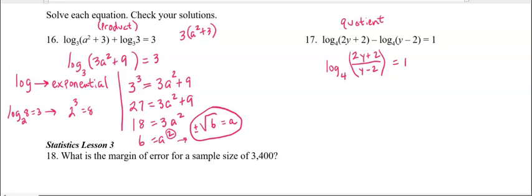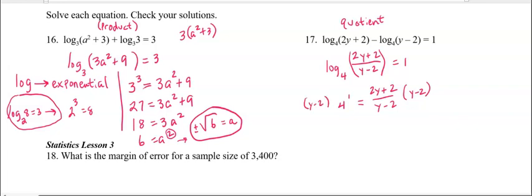And now we're going to go back to what we talked about over here, our little discussion about log to exponential. The base of the log raised to the number that the log is equal to, that's the exponent, and that's going to equal this expression 2y plus 2 over y minus 2. And now to solve for y, since we've done a lot of this with solving rational equations, I'm going to multiply by the lowest common denominator, which is y minus 2.